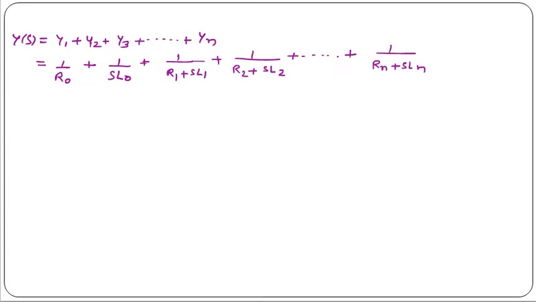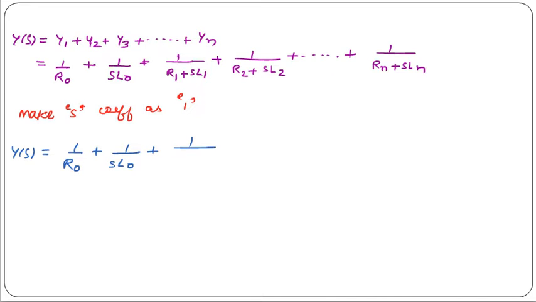Now we will make s coefficient as 1. उसके लिए we have to take common, we are getting Y(s) equal to 1 by R0 plus 1 by sL0. Now from here we will take L1 common, it will become (1 by L1) into 1 by (R1 by L1 plus s).